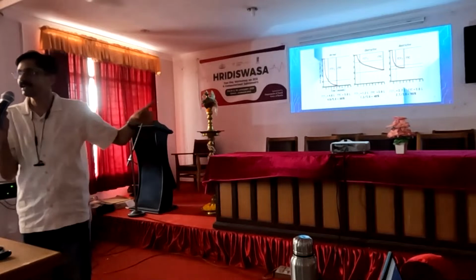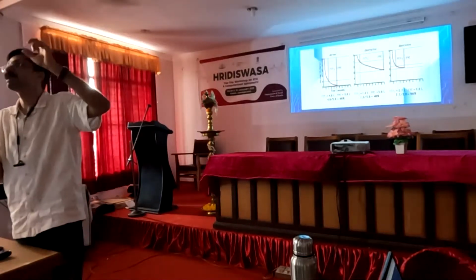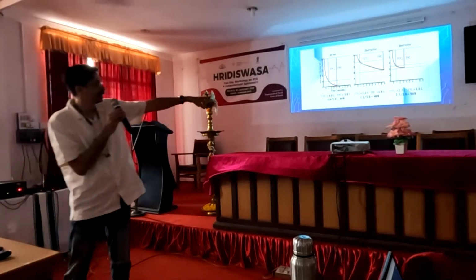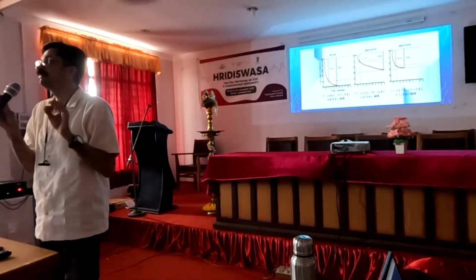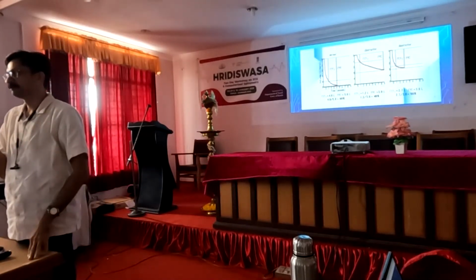So here what happens? FEV1 percentage is normal or supranormal, meaning more than 83%. Here it will come to 90%. In restrictive lung diseases, FEV1 percentage is normal or more than normal.